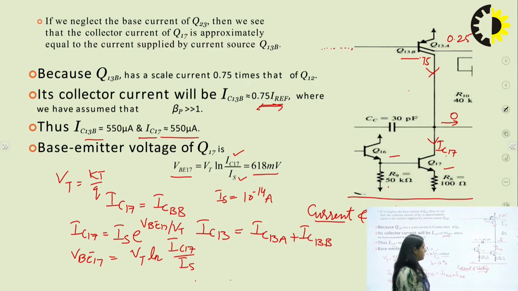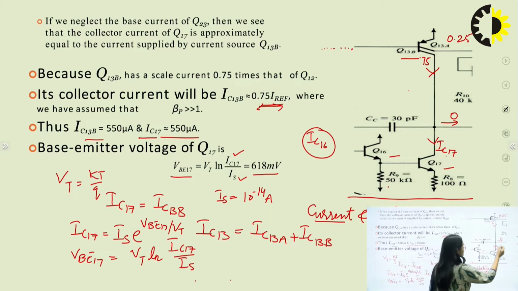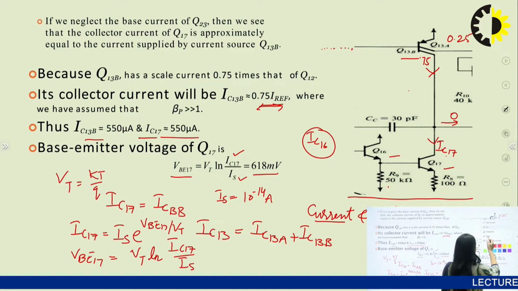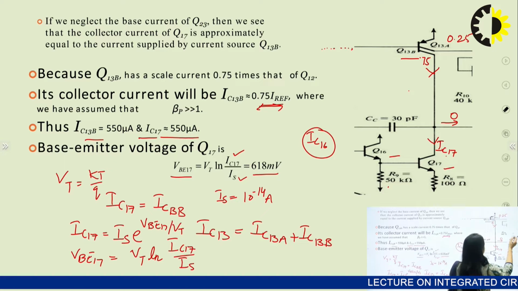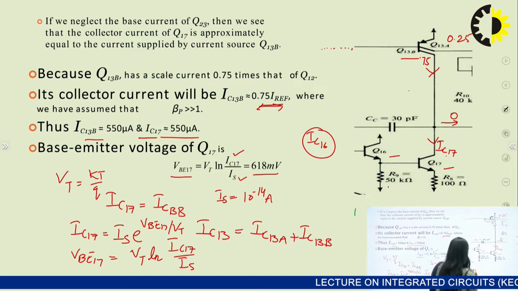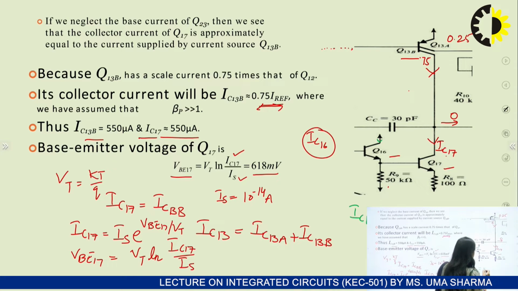Now I have to calculate the current flowing through this transistor Q16. That means I have to calculate IC16. Okay, so let's see from the diagram. If I write the current equation for IC16, you can see from this diagram IC16 means this current, that is nearly equal to IE16.